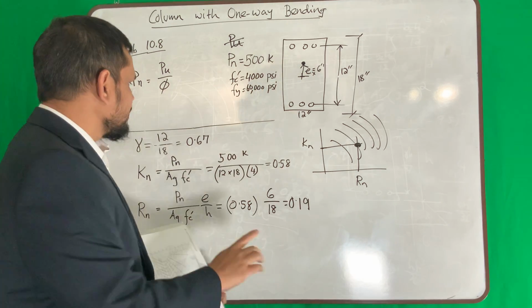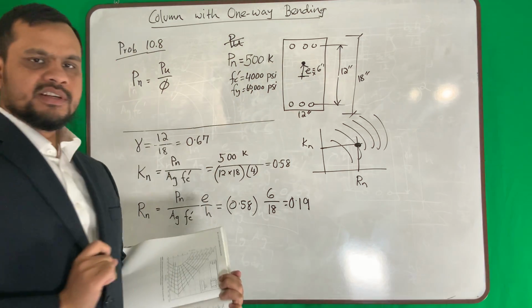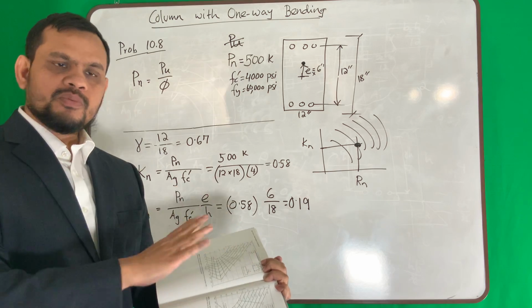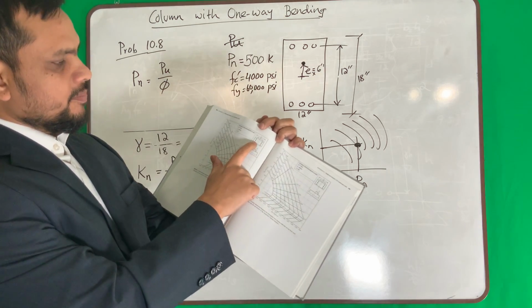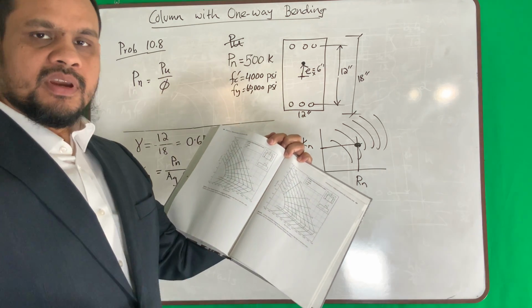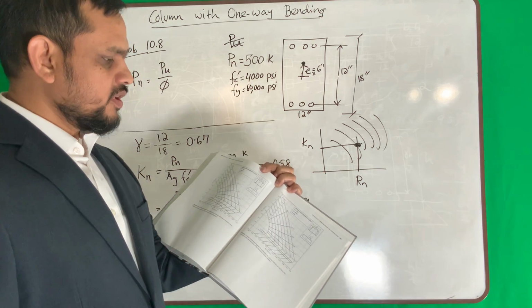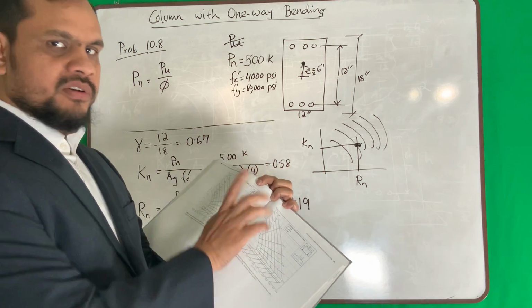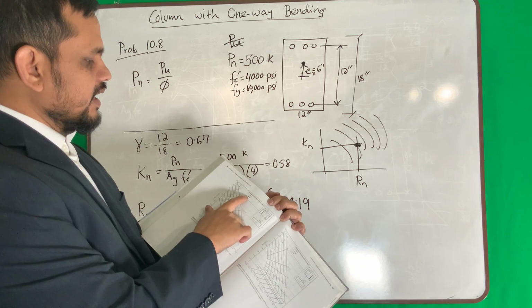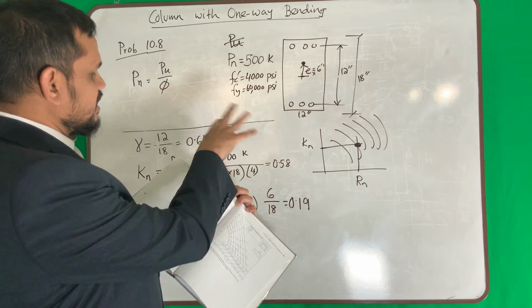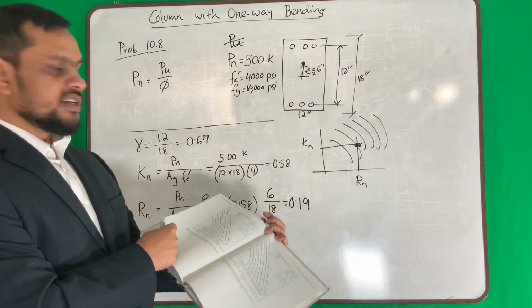So there is no graph for 0.67. So what I will do, we will use both. And you should also check the reinforcement arrangement. If your reinforcement is all around, then do not use it. And f'c 4, fy 60, so everything is matching for this except gamma.